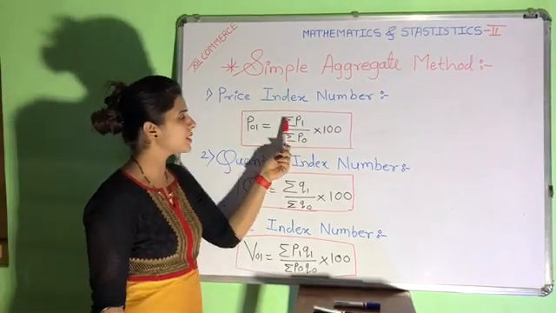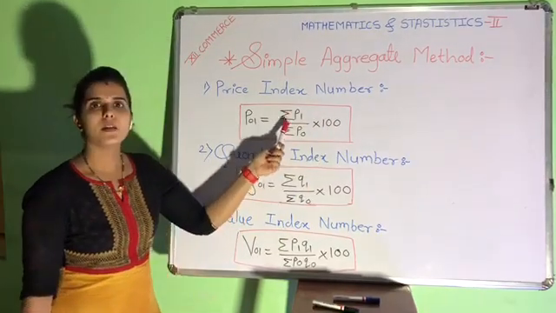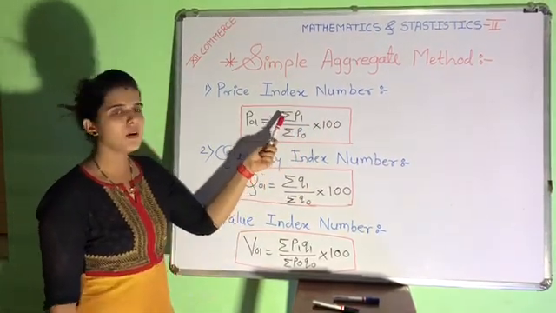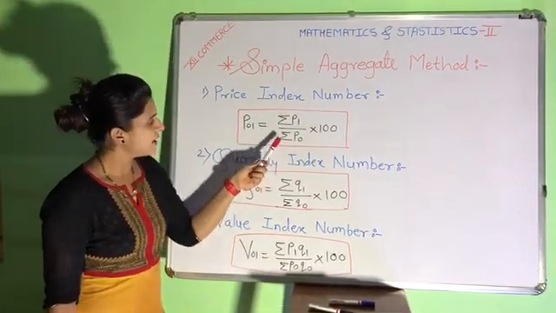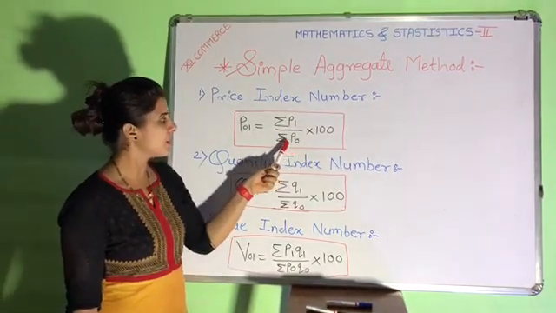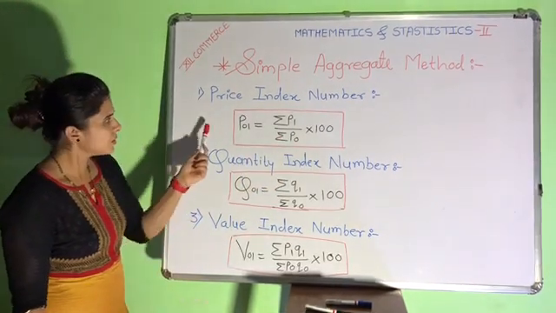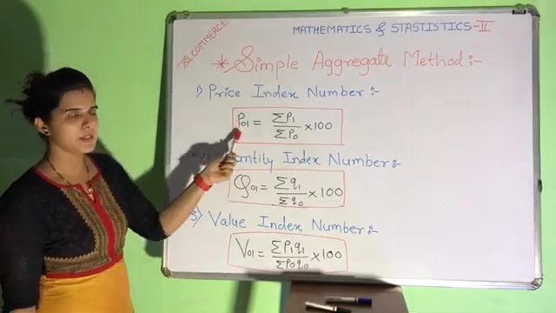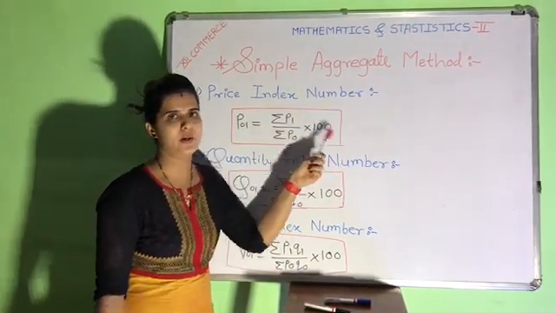Formula is equal to summation P1 upon summation P0 into 100. Summation P1 means what? Sum of all current year price. And summation P0 means what? Sum of all base year price. So how to remember this? P01 is equal to summation P1 upon summation P0 into 100.